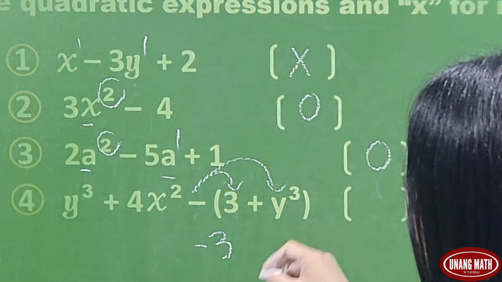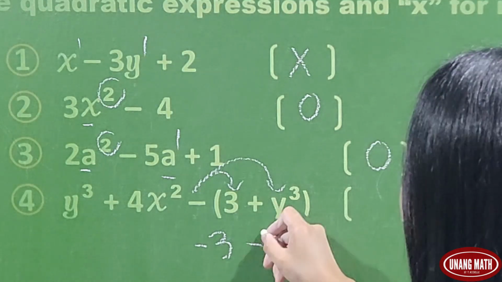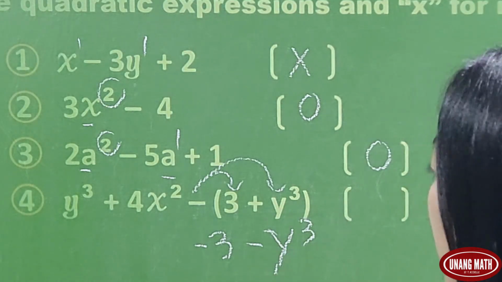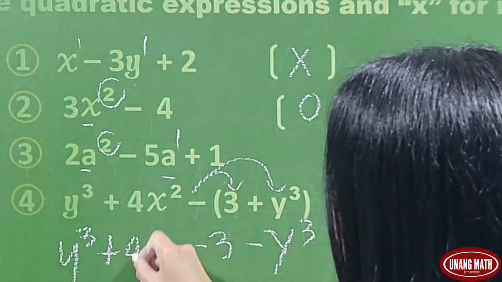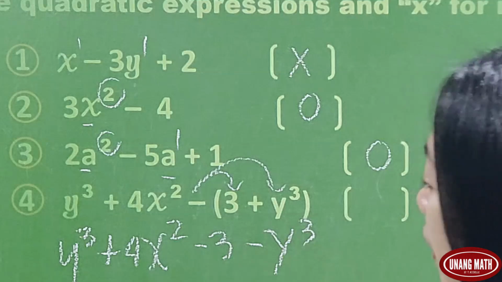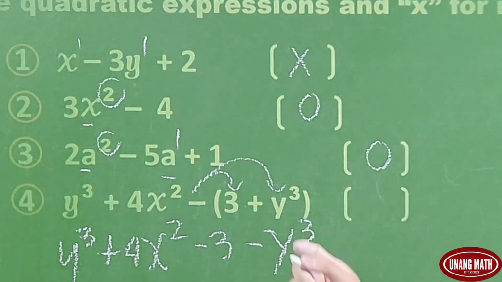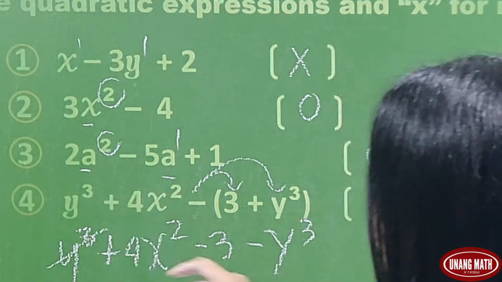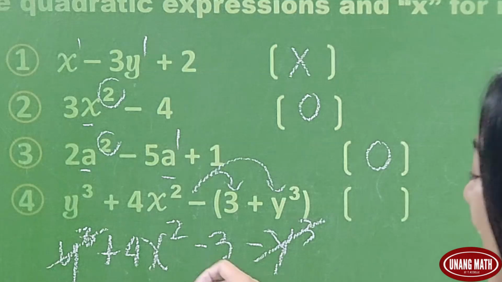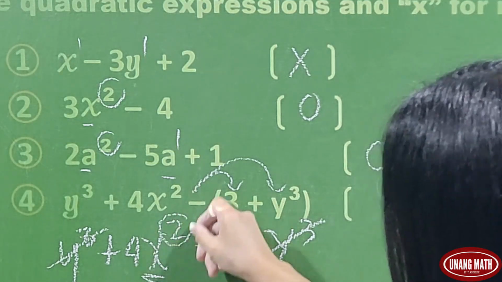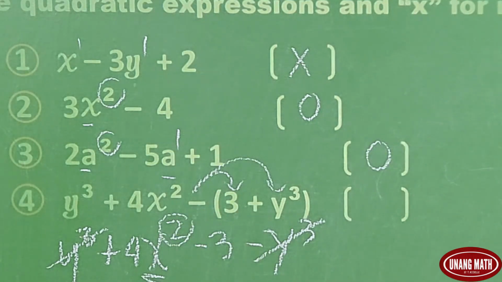Negative times y cubed is negative y cubed. So this is now y cubed plus 4x squared minus 3 minus y cubed. y cubed minus y cubed will be cancelled. So we only have 4x squared minus 3. This variable x has an exponent 2, which means that this expression is also a quadratic expression.